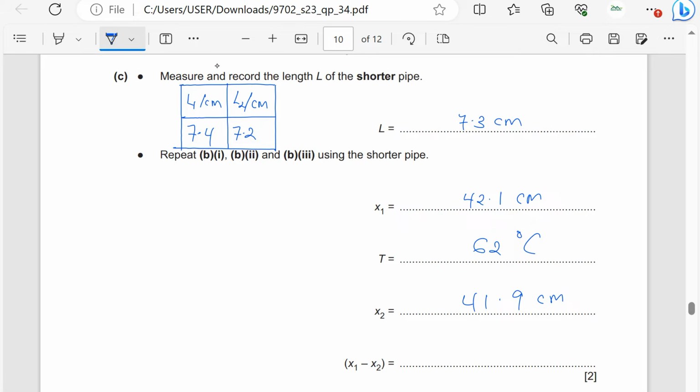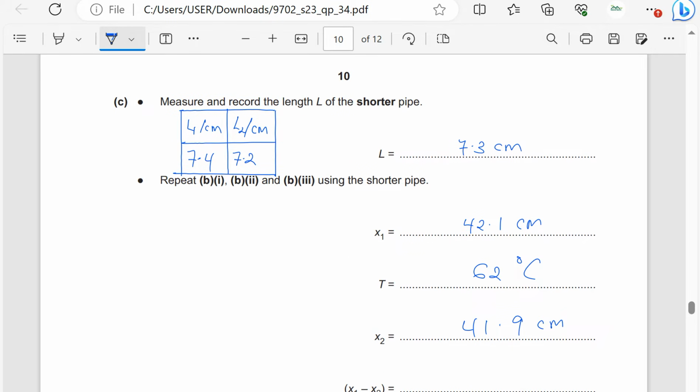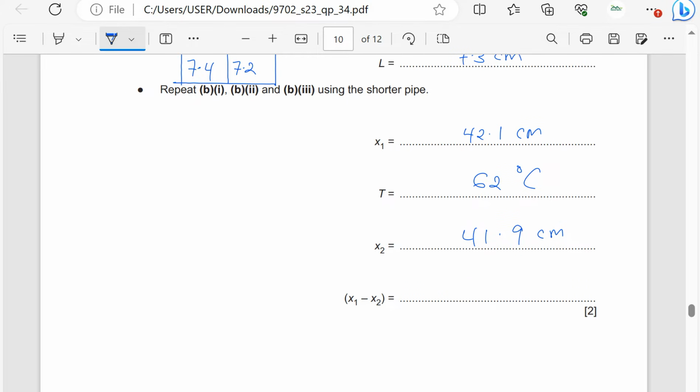So of course the change in length is very, very small. That's why we have even a larger percentage uncertainty. So the marking point here is just that the second value of L is supposed to be less than the first value of L, so the rest is fine, whatever measurement you obtain.